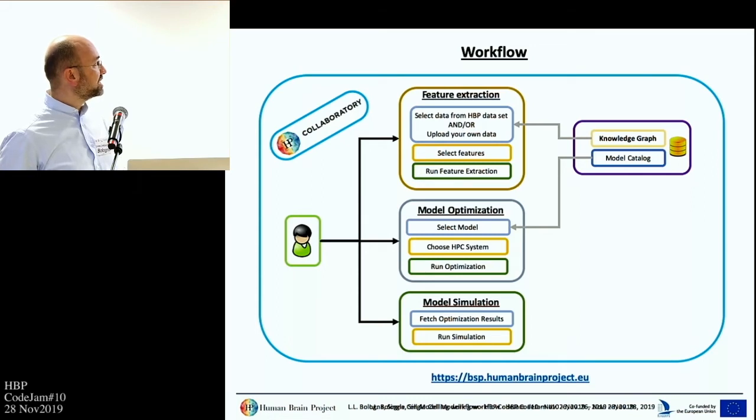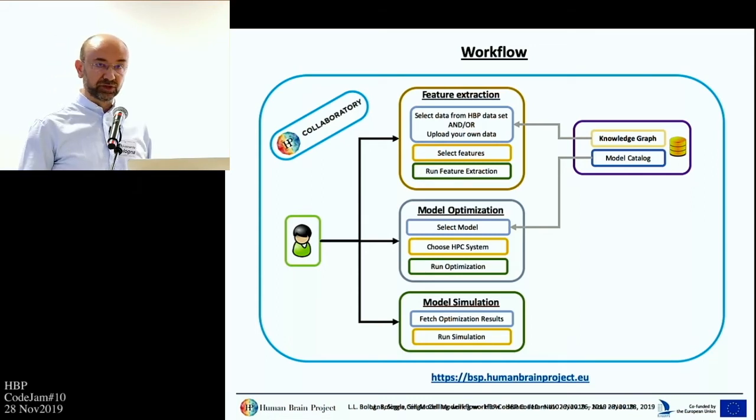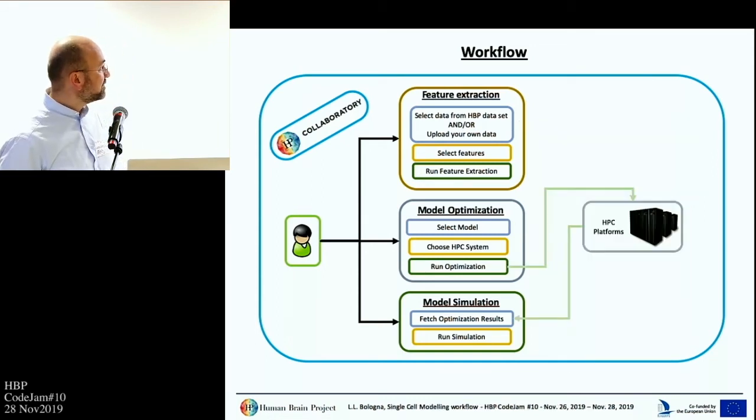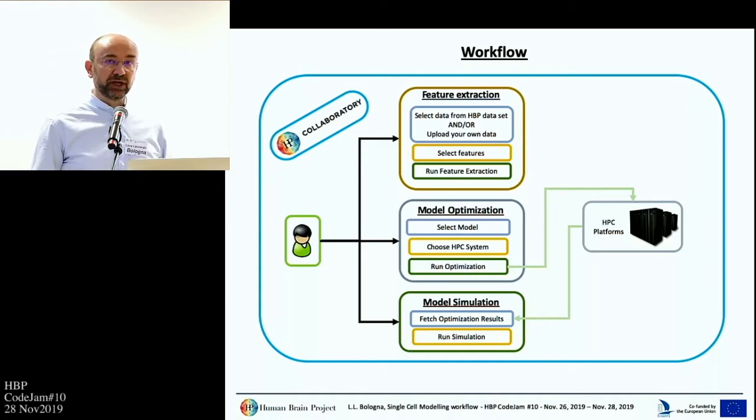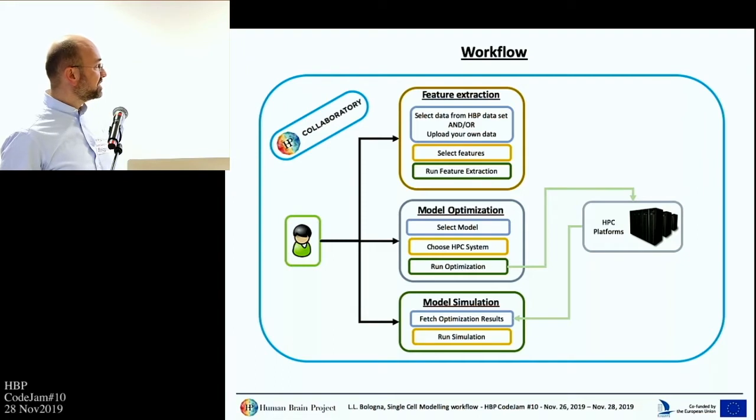So this is the first part of the integration in this workflow. And the same holds for the HPC platform. So this tool that we have built relies on HPC systems. We submit our optimization to HPC, and finally we fetch the results.